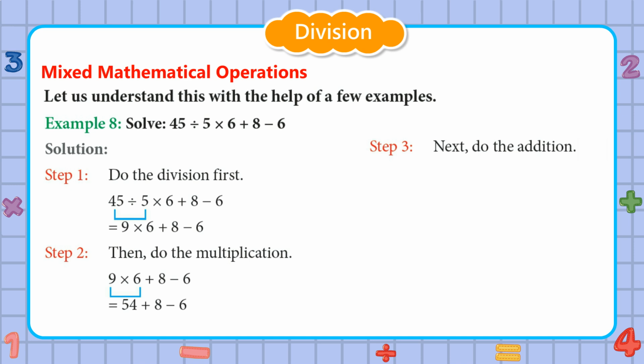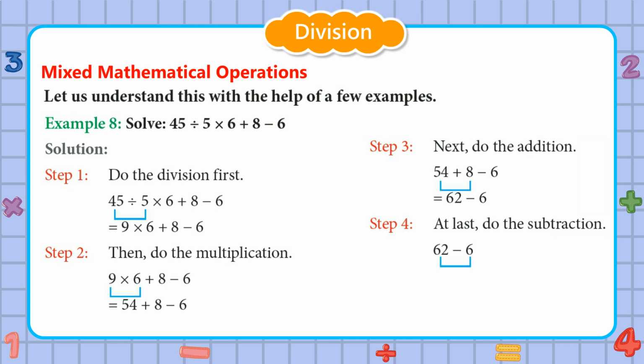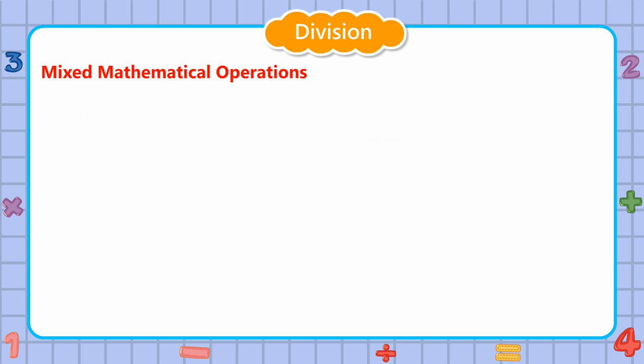Next, do the addition. 54 plus 8 minus 6 is equal to 62 minus 6. Step 4. At last, do the subtraction. 62 minus 6 is equal to 56. Therefore, 45 divided by 5 multiply 6 plus 8 minus 6 is equal to 56.